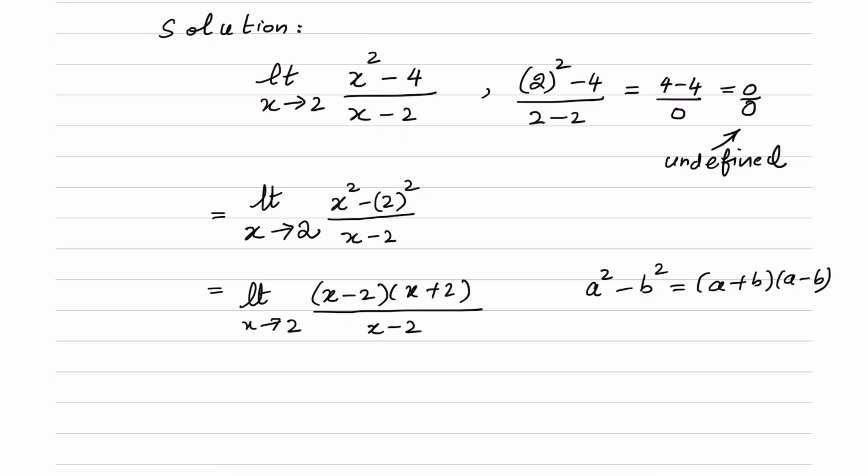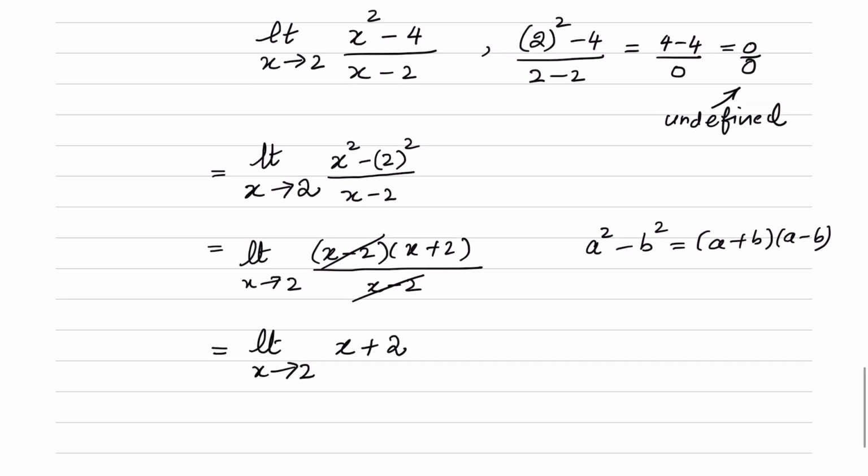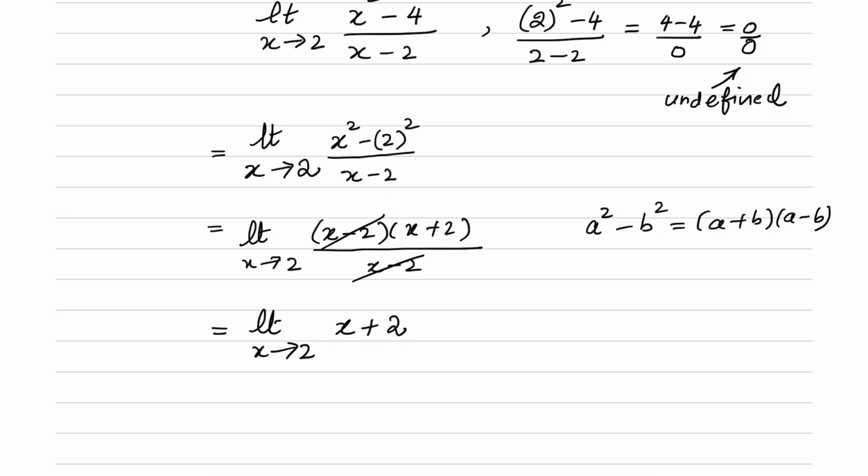We will not plug in the limit unless we have simplified it to its last step. Now we can see that x minus 2 is cancelling out with x minus 2, and here we have x plus 2. We cannot simplify x plus 2 any further, so this is the time to apply the limit.